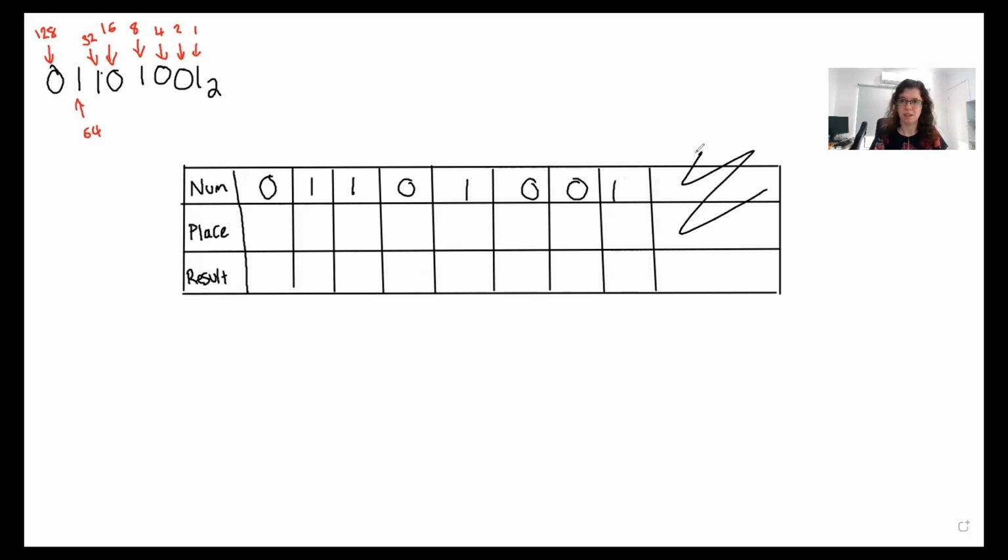Just ignore this last part of the table, we don't need it. In the place value row, that's where we're putting our binary place values: 128, 64, 32, 16, 8, 4, 2, 1. You could work the other way around if that makes more sense to you, starting at the smallest and doubling up. In the result section, we multiply these numbers.